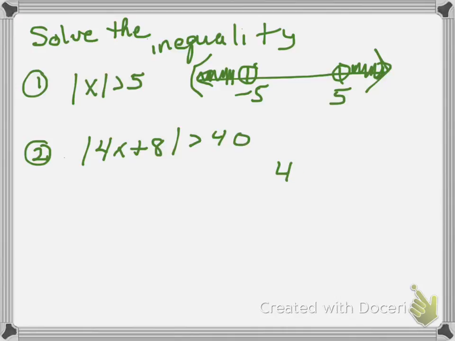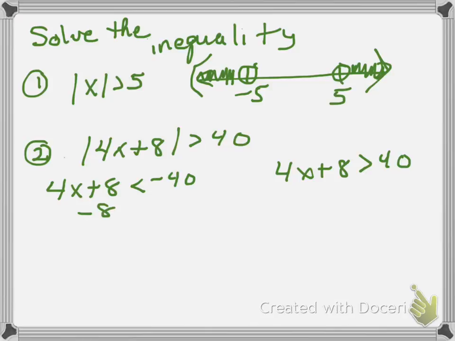Well, the positive one is always the easiest. That remains the same. All right, it's the left-hand side, the negative. And remember that whenever we multiply a negative number, what happens to the inequality? It flips. So this is going to be 4x plus 8 is less than negative 40. Because whenever you multiply by a negative number, it flips.